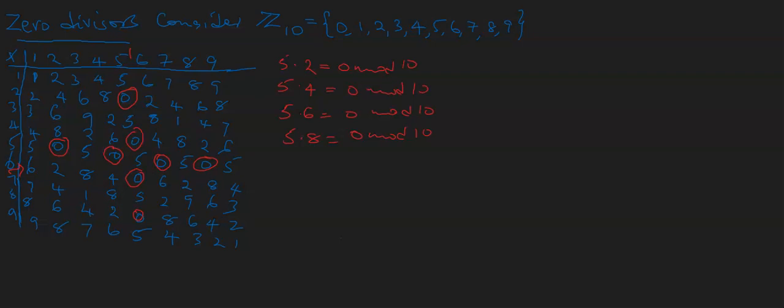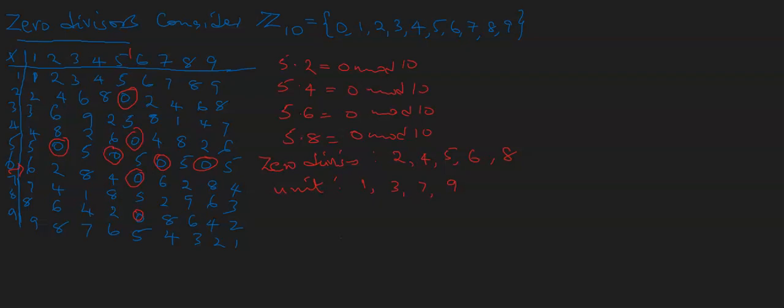And therefore, the zero divisors are 2, 4, 5, 6, 8. The rest are units. That's 1, 3, 7, and 9.